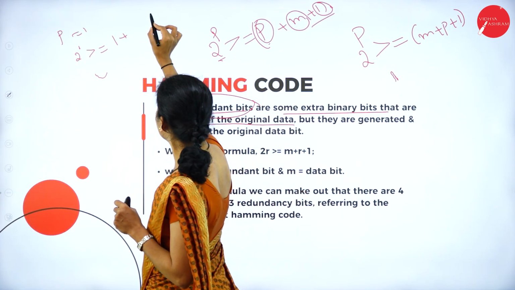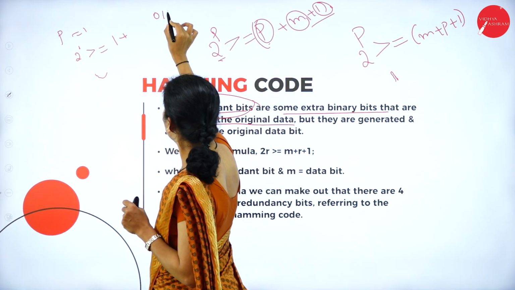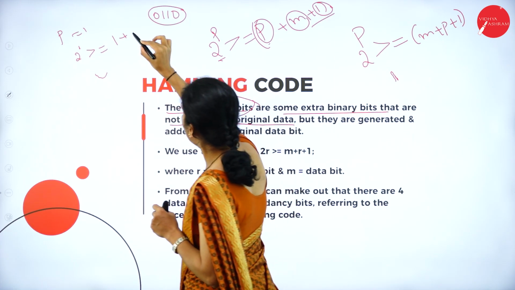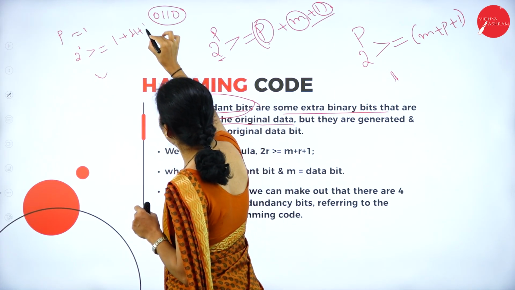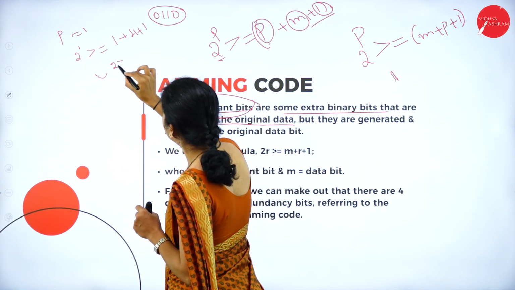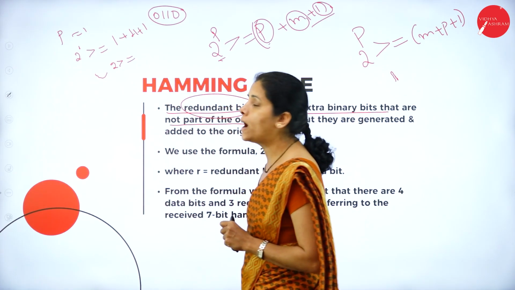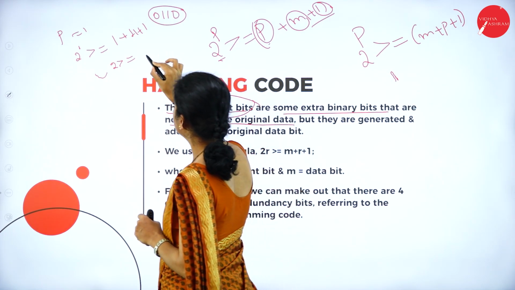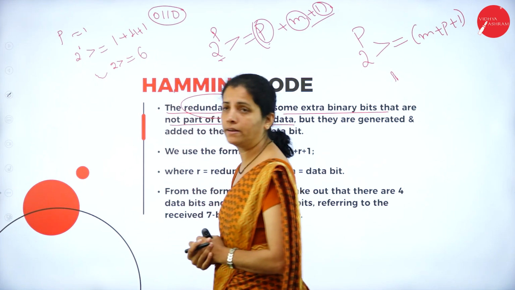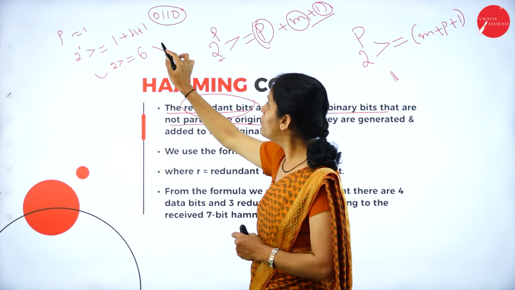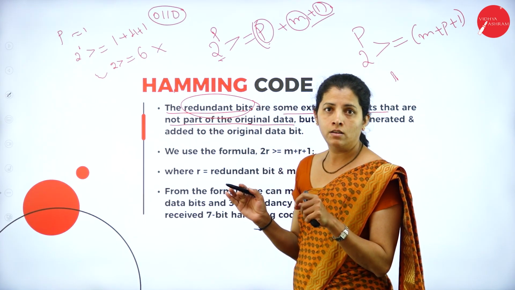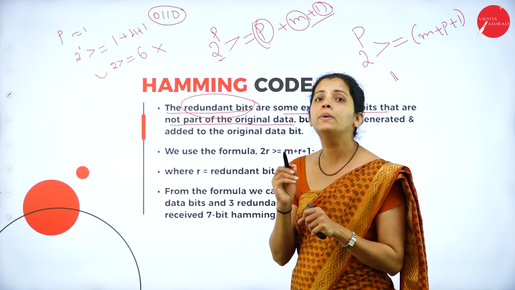For example, say it is 0, 1, 1, 0. How many bits? 4 bits. So 2 is greater than or equal to 1 plus 4, which is 5, plus 1, it is 6. So this condition is false. So P equal to 1, my parity bit cannot be 1 here.